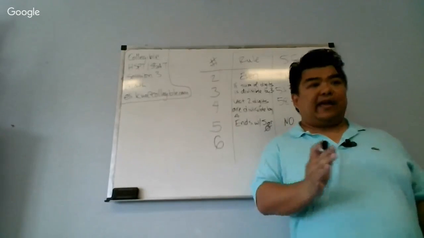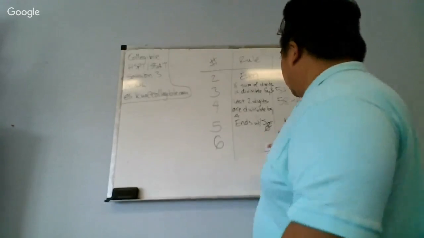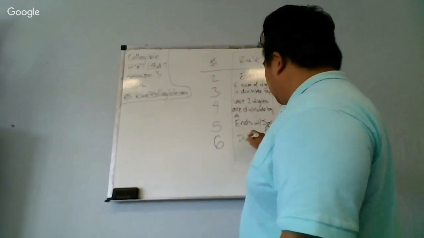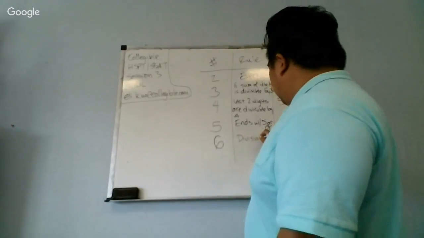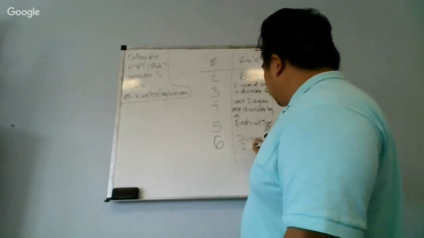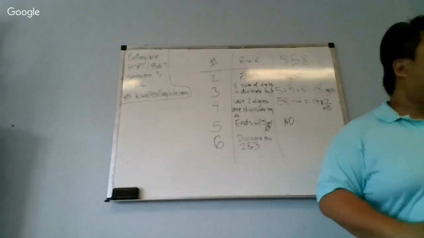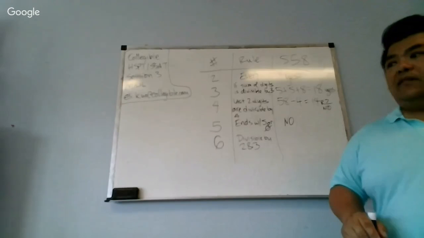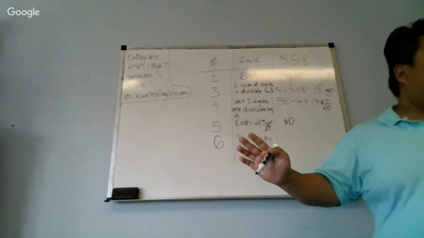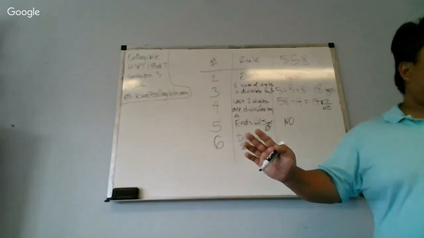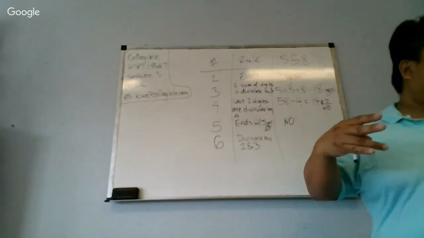It is 2 and 3. So 558, yes or no? Do we need to do any calculation here? We shouldn't. So yes or no, Zoe? Yeah. It's a yes.